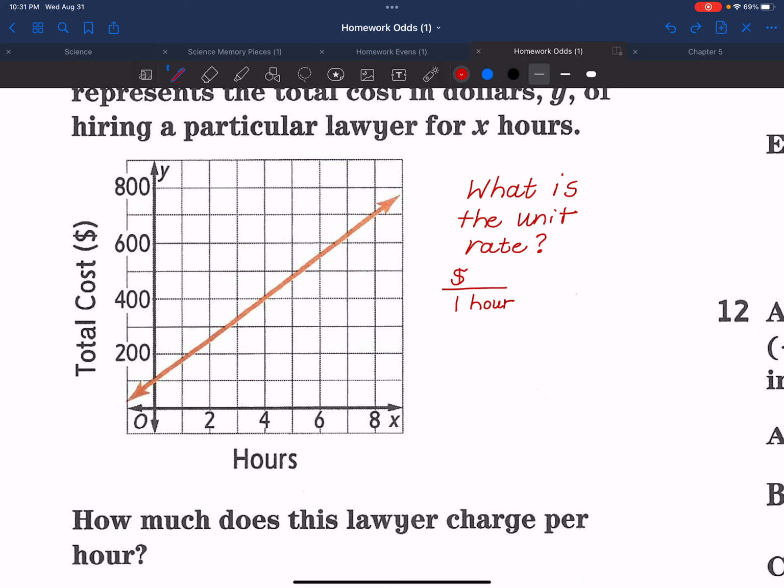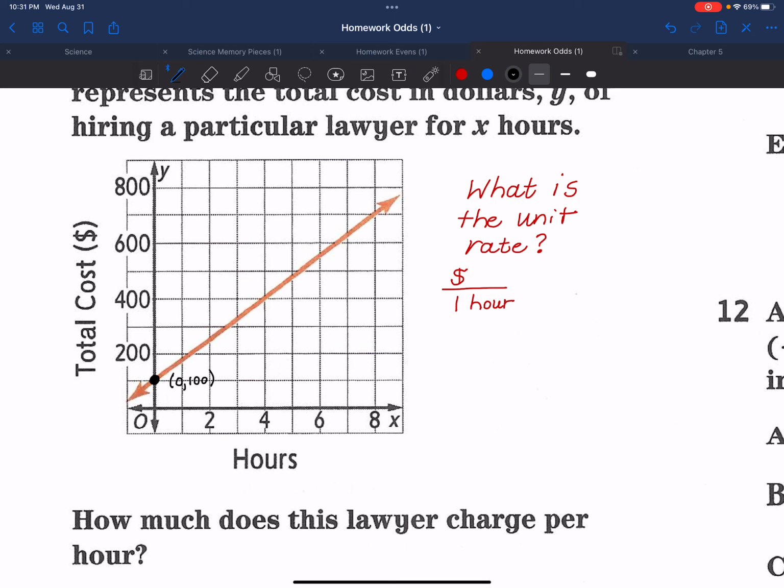I like points. Yes, let's do this one. Here's one that's on an intersection. If they're on an intersection, I don't have to estimate them. I can tell you that this is at 0, 100. So the lawyer must be charging a retainer or something.